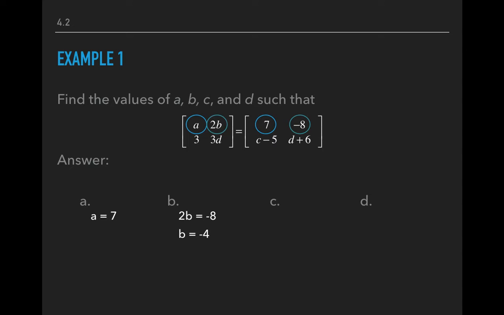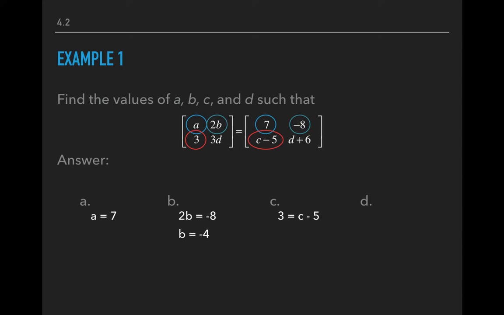Starting to see the methodology here? Because those matrices are equal, corresponding positions, you could say, are equal. So if we're looking to find the value of C, well, it's actually in our second matrix, but that position in the first matrix and the position where C is are equal.